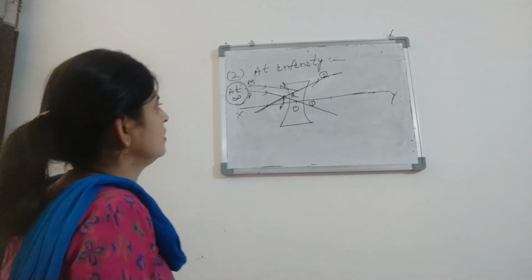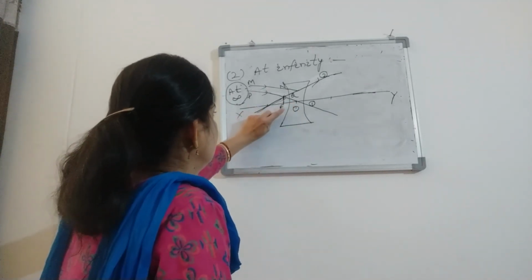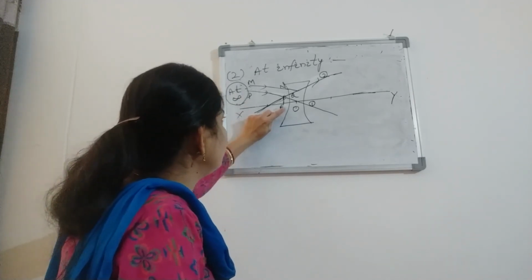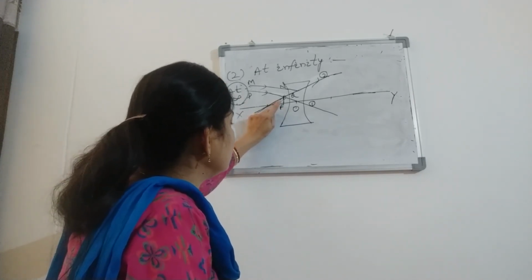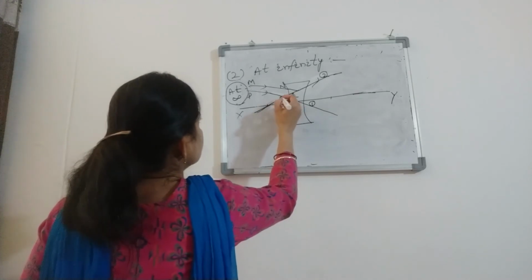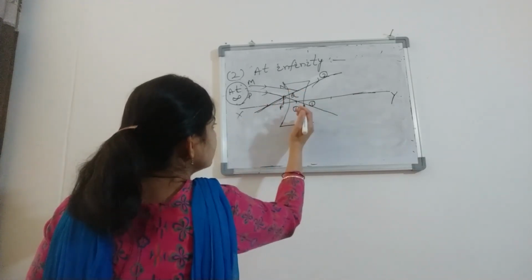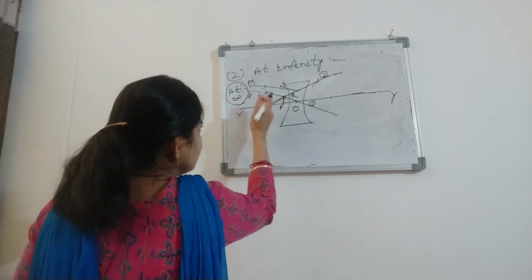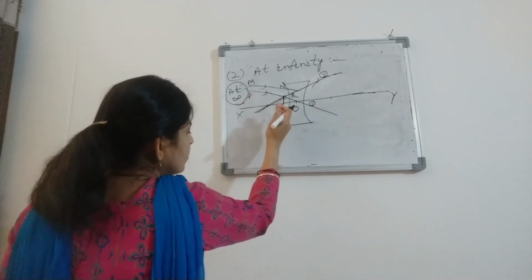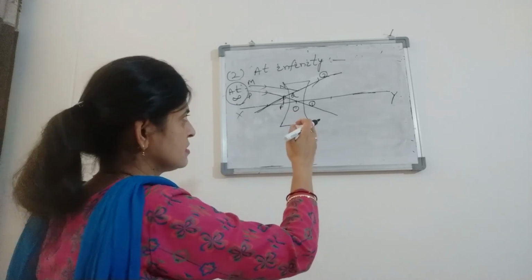That means you can say the image will be formed at your focus and the image will be virtual because the image and the object are on the same side of the lens.